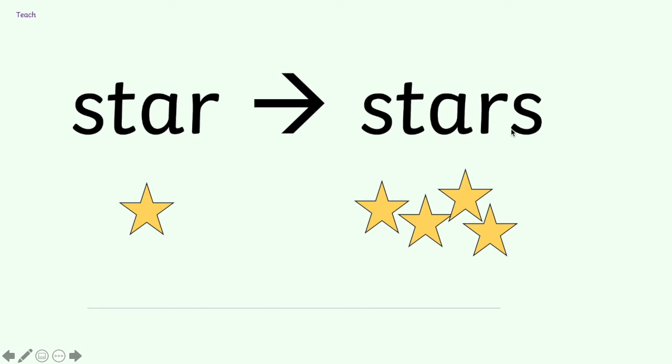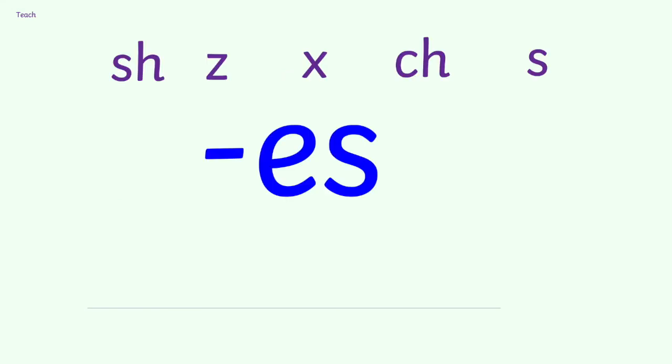And for lots of words, we just add an S on the end to make it more than one. But not all words are like this, and there are some words where we don't just add S. Some words we need to add ES, and it's words that end in these sounds. Sh, z, x, ch, and s.